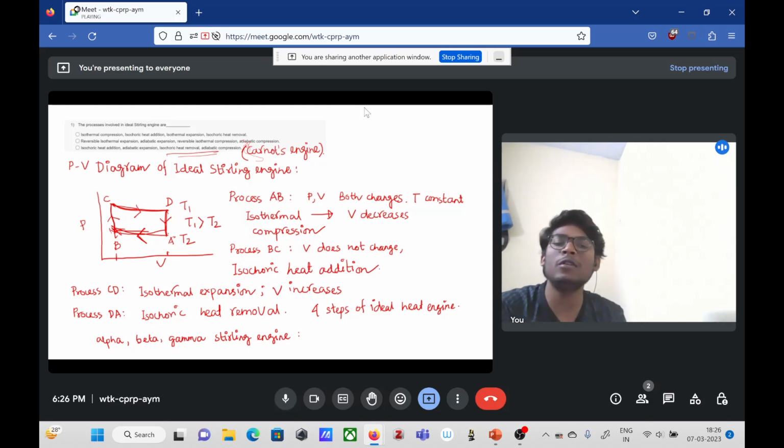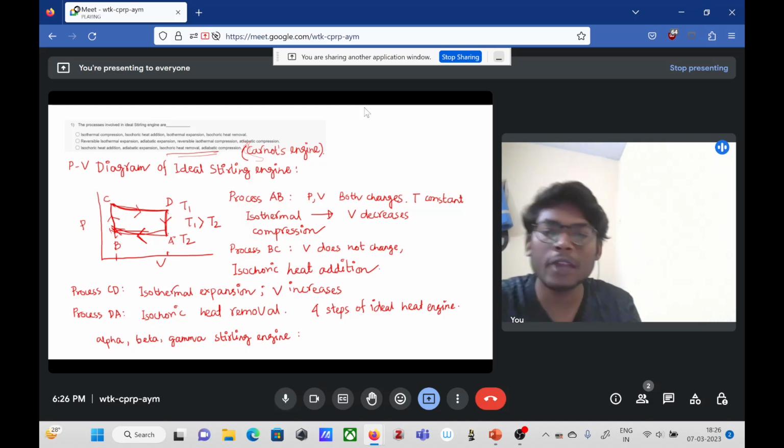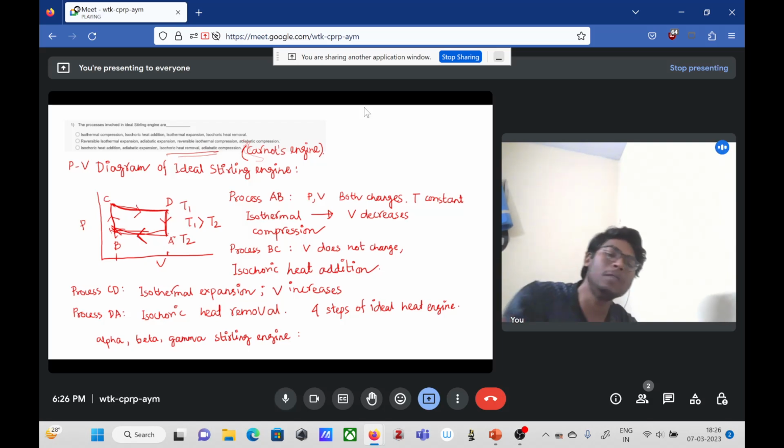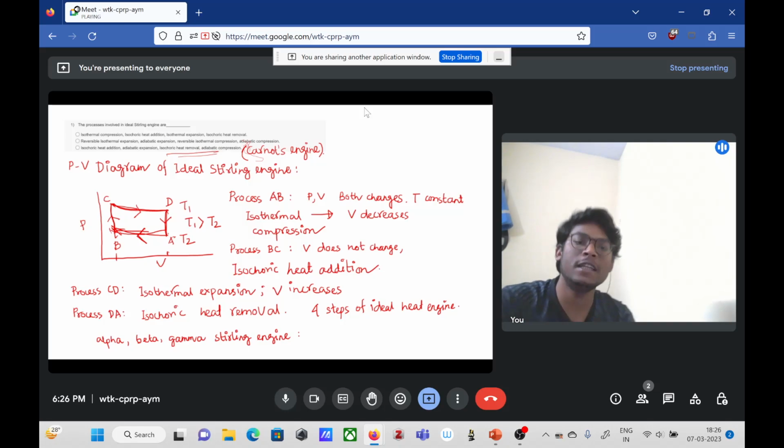Interestingly, two or three new papers have been reported, and they claim that the active heat engine is giving more efficiency than the thermal heat engine. So this is quite interesting.